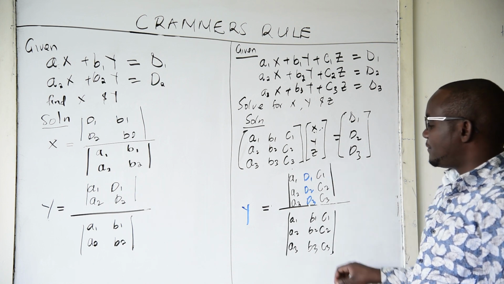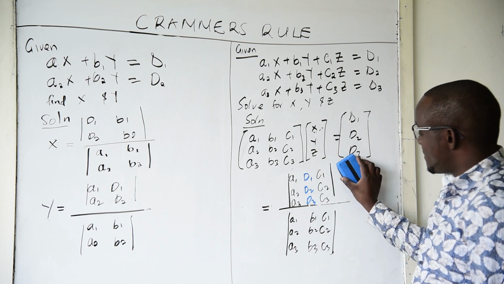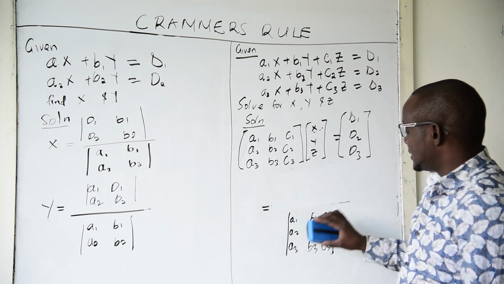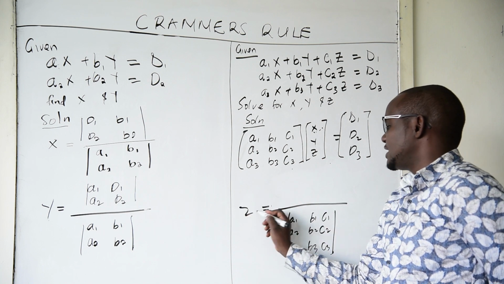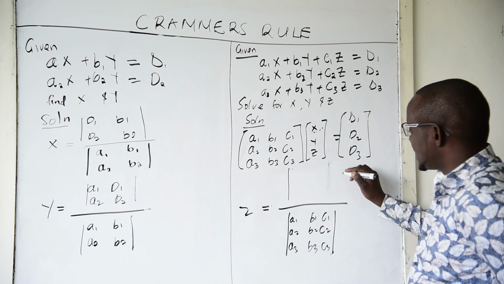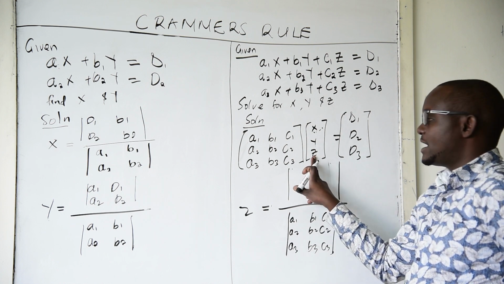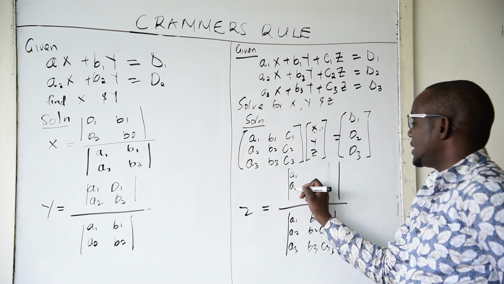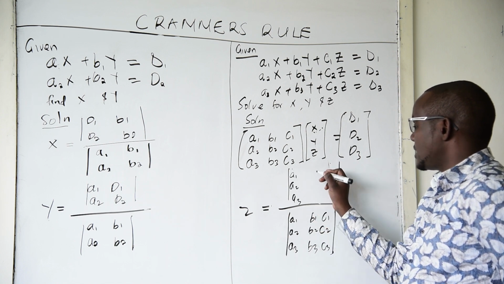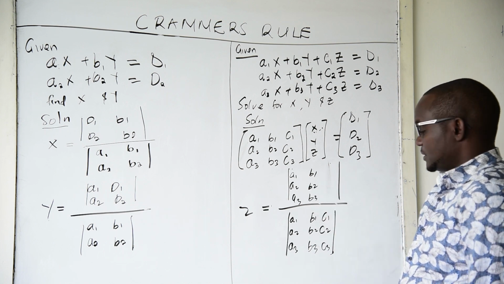If you want to get the value for z, you maintain the denominator again. The denominator still remains. So the value for z will be given as follows. Since it is the third independent variable, we replace the third column. So my first columns are A1, A2, A3, B1, B2, B3.